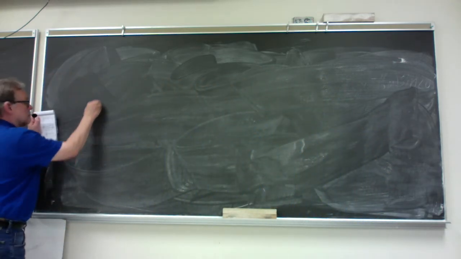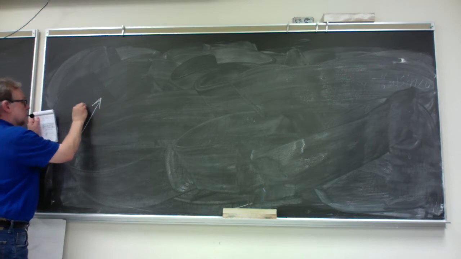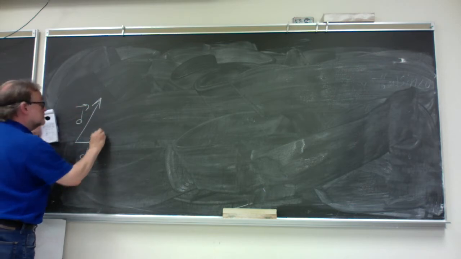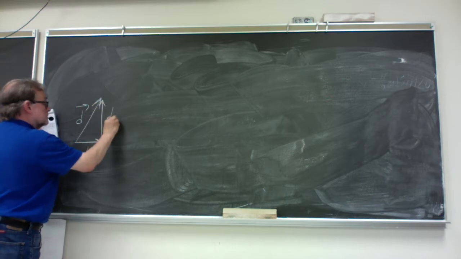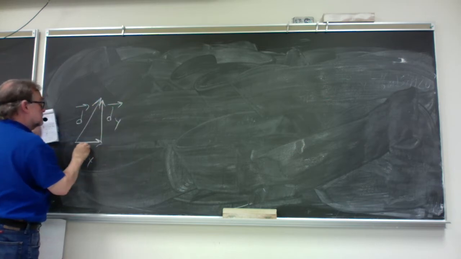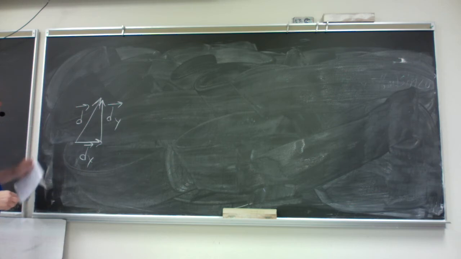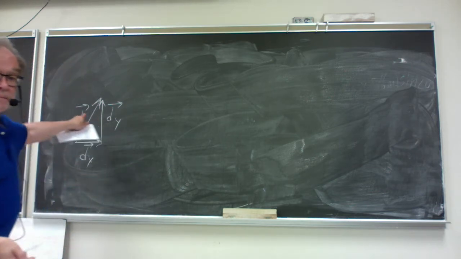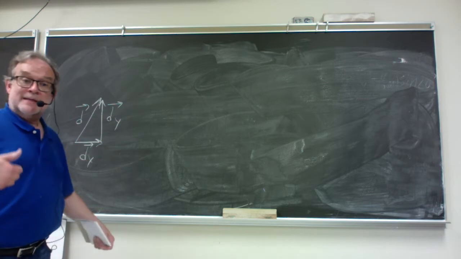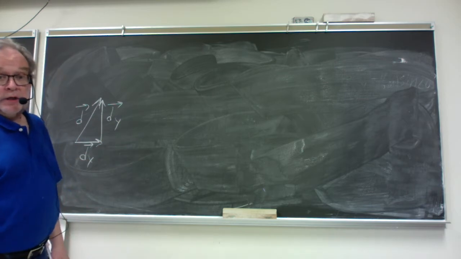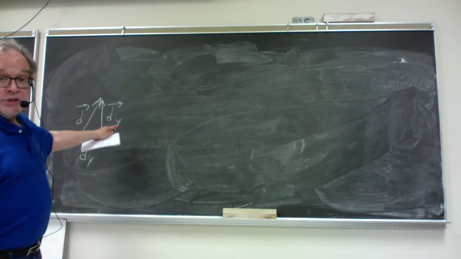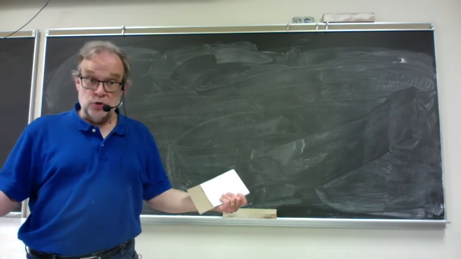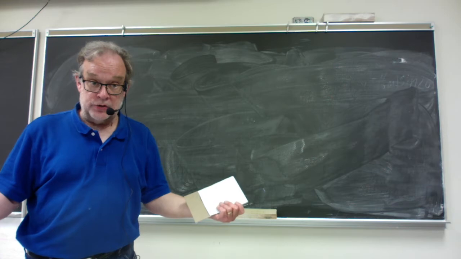So imagine our vector, and there are its components. Because the relationship between a vector and its components is the same as the relationship between the hypotenuse and the two perpendicular sides of a right triangle, we can use everything we know about right triangles.